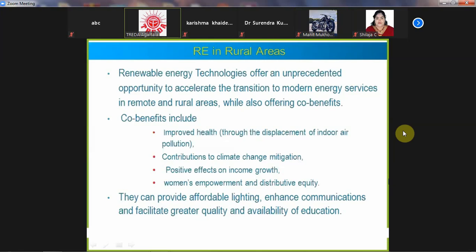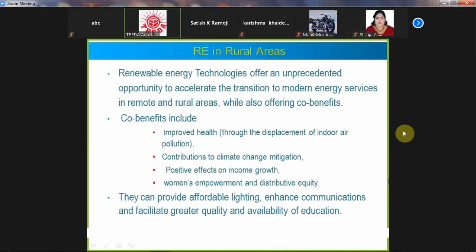What will be the benefit? It improves health through the displacement of indoor air pollution. If we use the solar cooker, there is no indoor smoke, so it improves the health of our mothers and sisters.